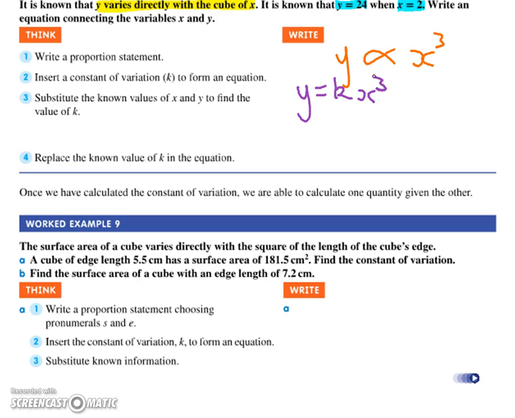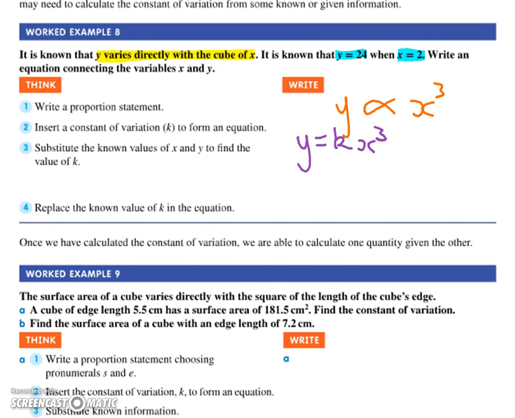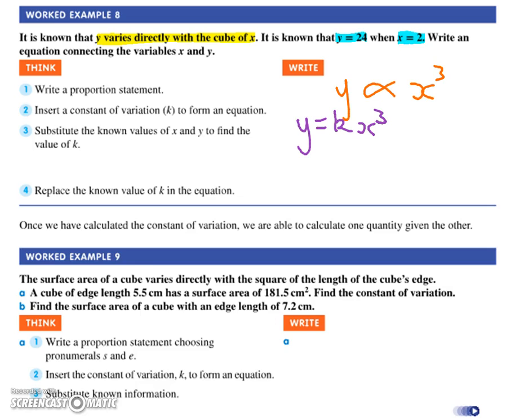All right, so we want to find out what k equals. Is there any way that we might be able to find out what k equals? Substitute what? Excellent.